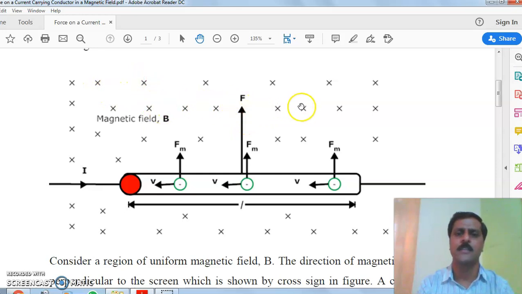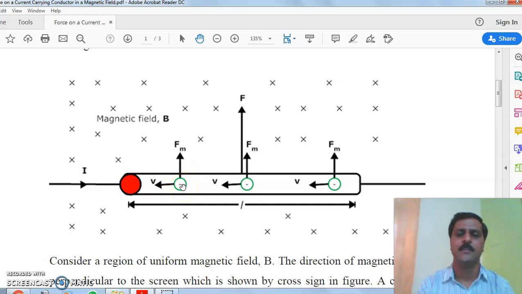These crosses show the magnetic field is perpendicular to the screen. This is the conductor. L is the length of the conductor, and the angle between the magnetic field and the length of the conductor is 90 degrees.